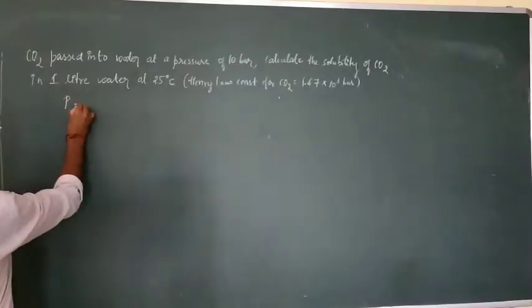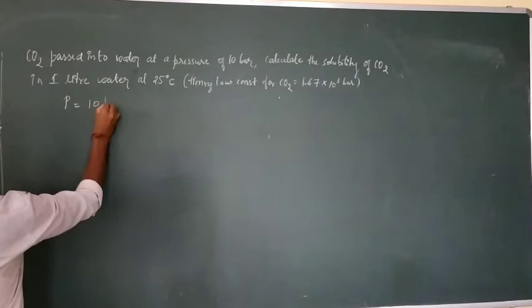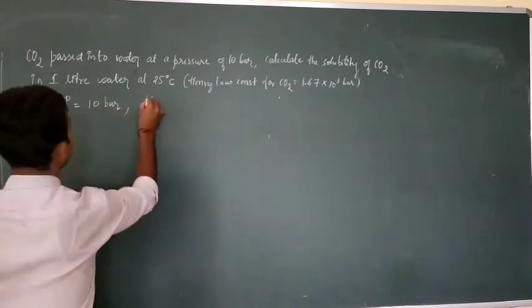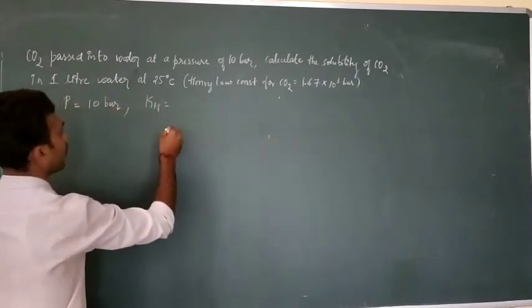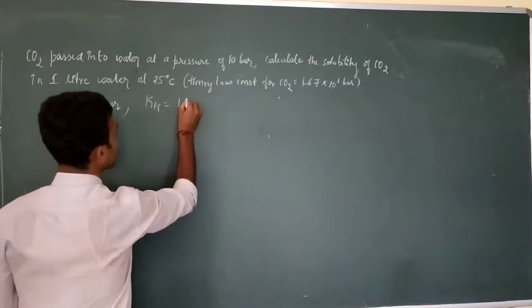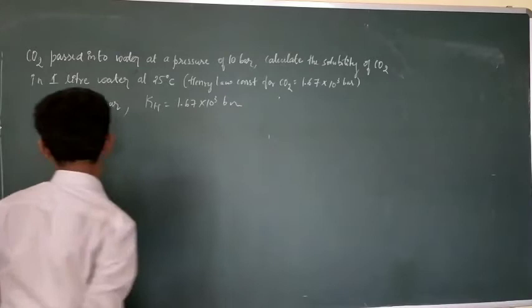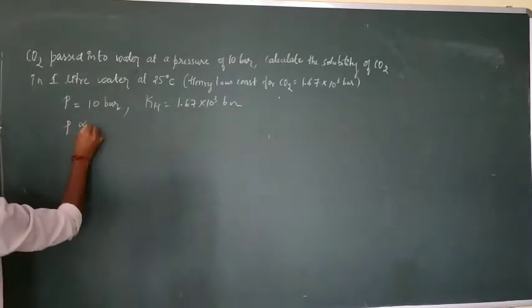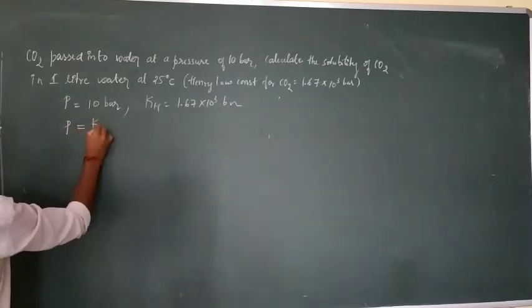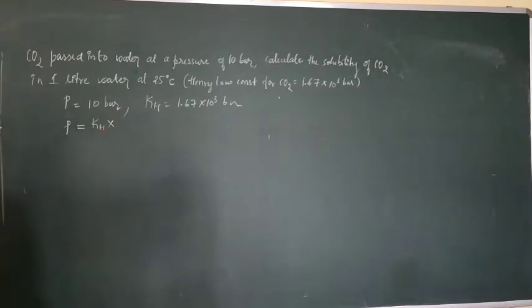So the given thing is pressure, that is equal to 10 bar, and the kH Henry's law constant they have given for carbon dioxide is 1.67 into 10 to the power of 3 bar, okay. So we know that pressure is equal to kH into x, where x is the mole fraction, right?